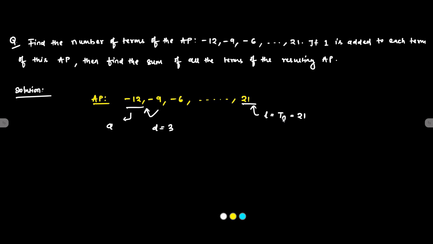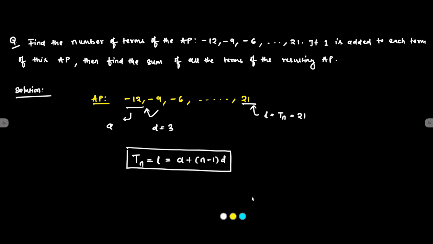So here if we use the nth term formula, a plus n minus 1 d, which is equal to the last term, if we want to determine the total number of terms. So if we use this formula, we have minus 12 plus (n minus 1) into 3 is equal to 21.